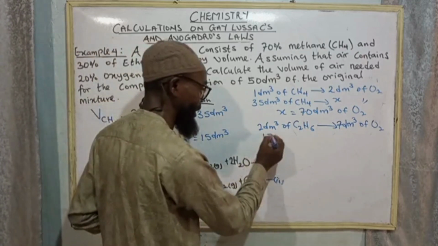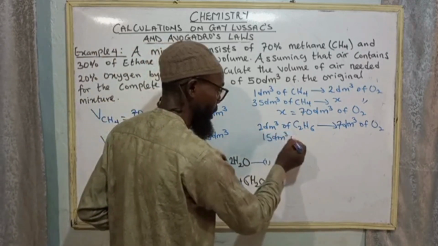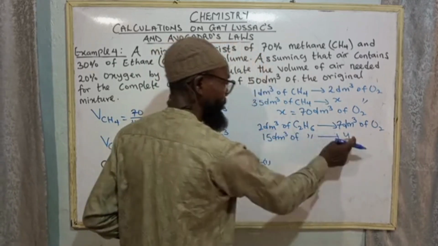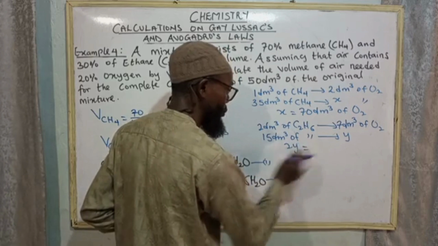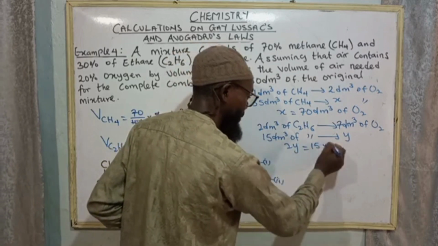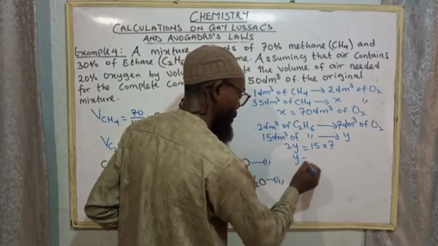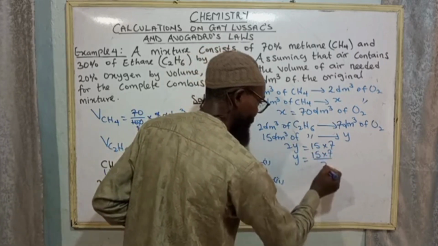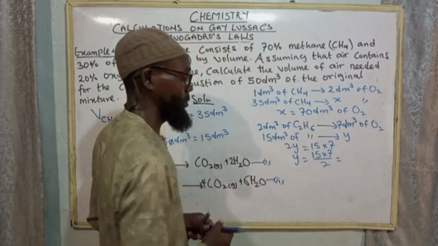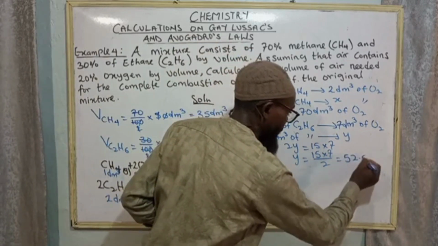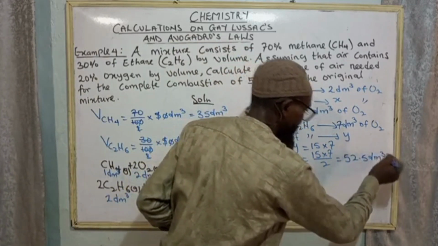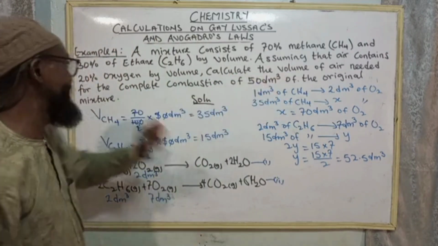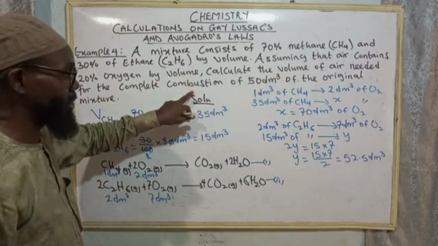So 15 dm cube of ethane will now give us, let's say, y. 2 times y, 2y equals 15 multiplied by 7. So our y equals 15 multiplied by 7 divided by 2. So what do we have? 52.5 decimeter cube.